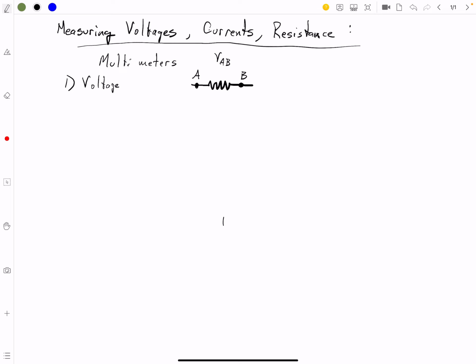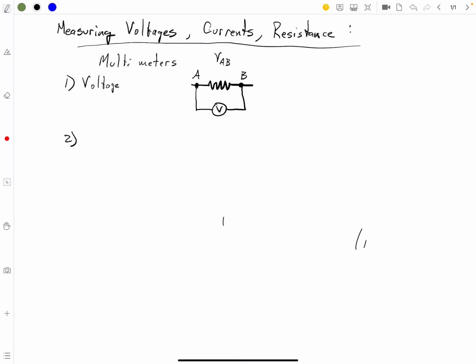So you want VAB, you have to take your voltmeter and attach one lead to A and one lead to B, and it will either give you a positive or a negative, but it'll be the voltage across A and B. Okay, so that's voltage. You have to do it across the component or across the circuit or across whatever. But you have to have 2 points in the circuit that you connect to.